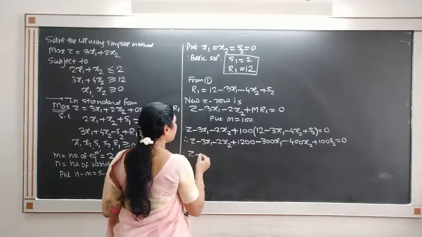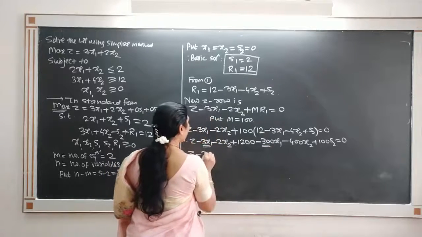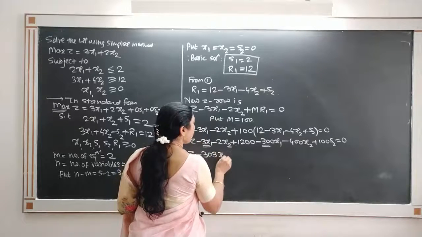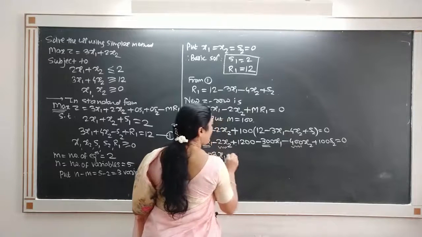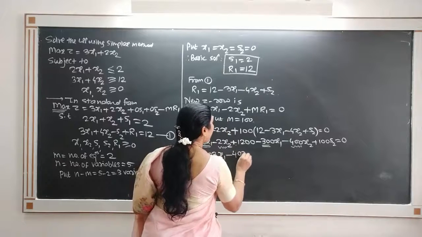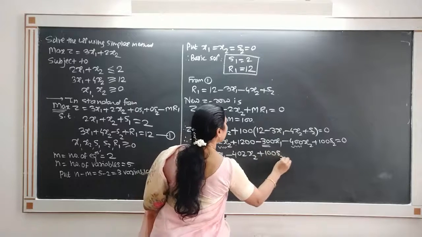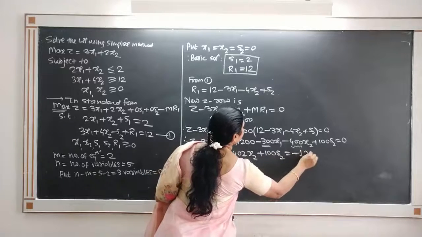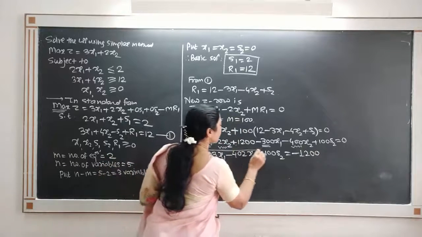Therefore, z, collecting all the coefficients of x1, we get minus 303 x1, and collecting all x2 coefficients, we get minus 402 x2 plus 100 s2 is equal to minus 1200. So this is the new z row.